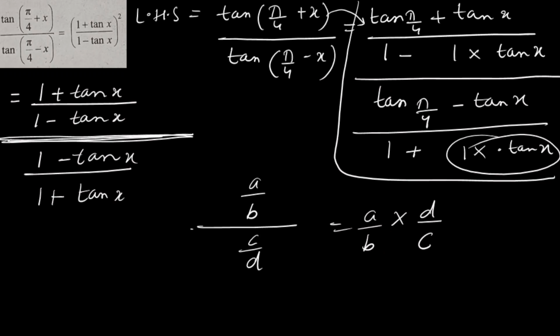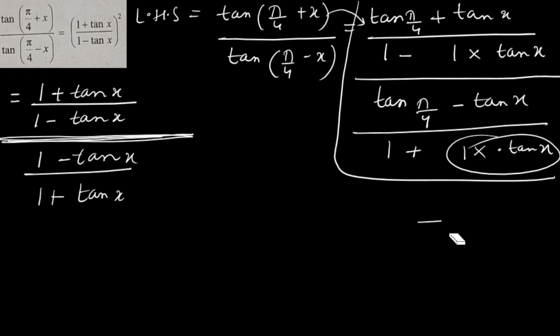The first fraction stays, the division is changed to multiplication, and we take the reciprocal of the next fraction, the denominator's fraction. So c by d we wrote as d by c. This way you can do like we learnt in lower classes, or you can also do it this way: outer ones get multiplied and inner ones get multiplied. Whenever two fractions are getting divided, you can do it whichever way you are comfortable.